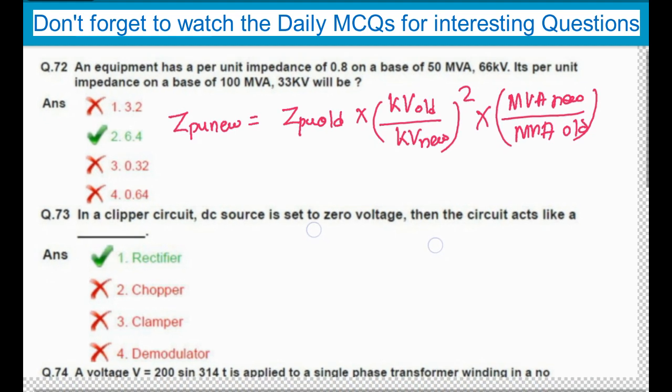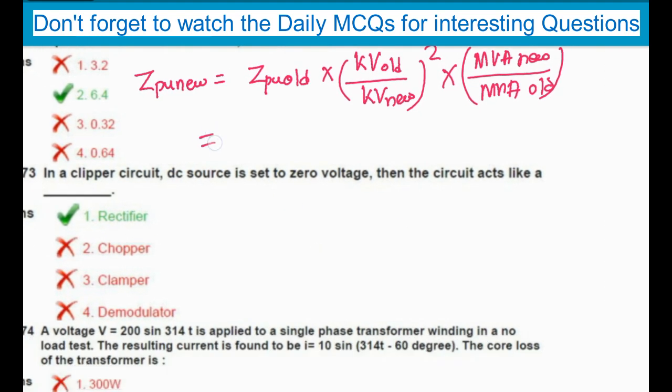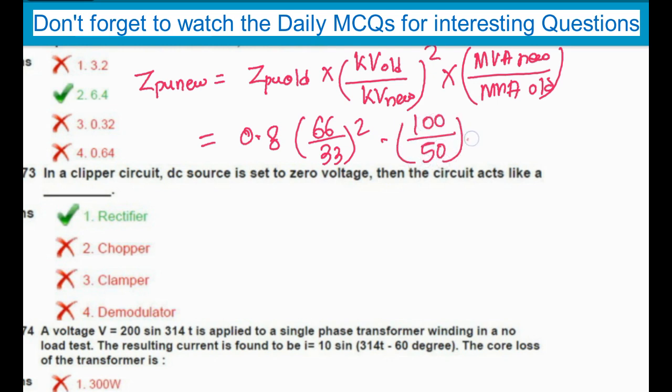If we apply the formula, this will be 0.8 into 66 by 33 square into 100 by 50. So this will be 0.8 into 4 into 2. This is equal to 6.4. So the answer is option 2.